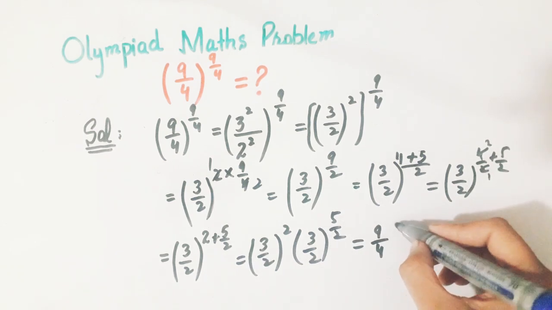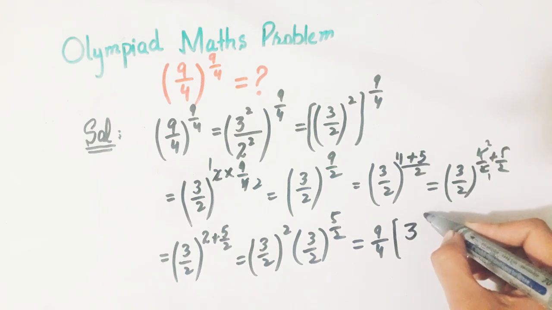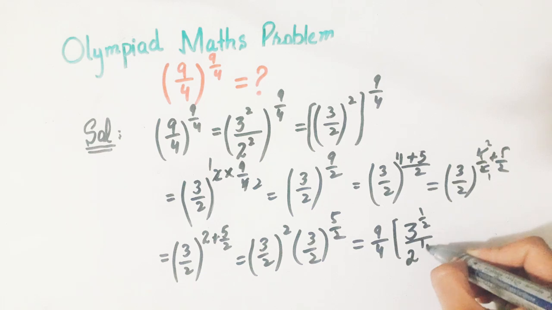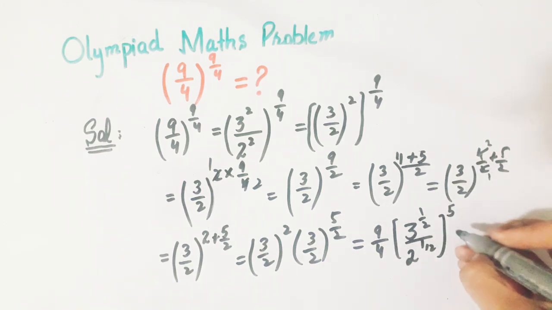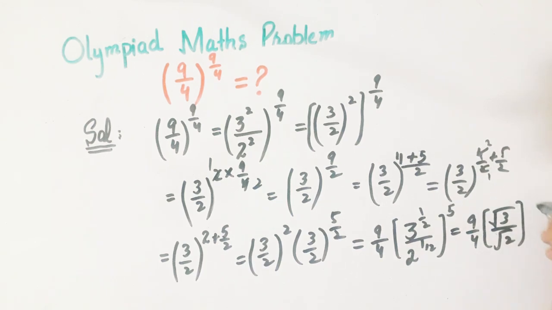So this will become 9/4, and then (square root of 3 over square root of 2) whole power 5.